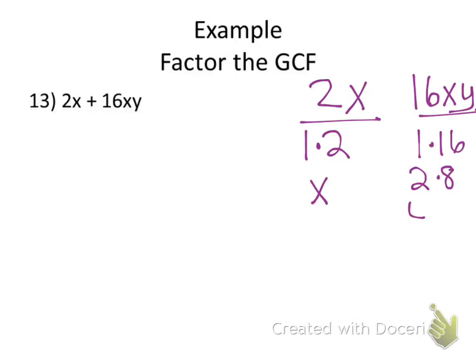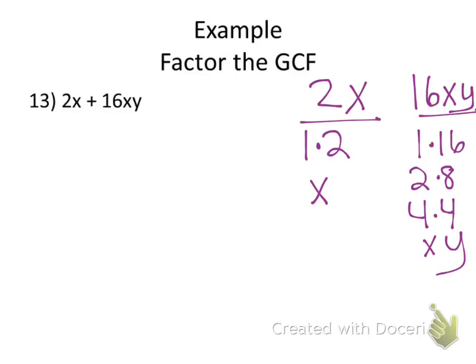I only provide 1 copy per student, so if you've lost it, go to Google and Google factor sheets, and one will come up. They're all over the internet. Now, if you want to make the list to help you out, that's fine. If you just want to focus in on your factor sheet and make little notes about the variables, that's fine. You can do as much or as little of this part as you need to. It's up to you.